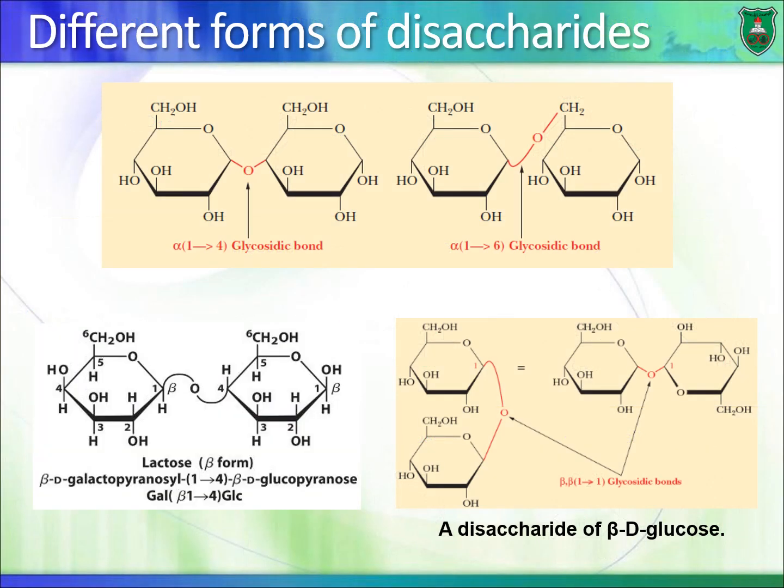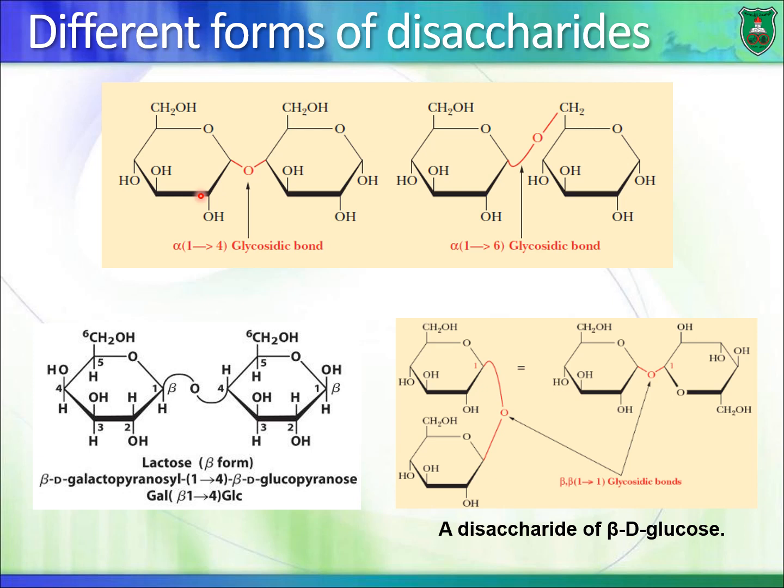Now, these are different forms of disaccharides, different structures. Look at them. Look at the different structures right here. This one here is a glucose, so this is a glucopyranose.